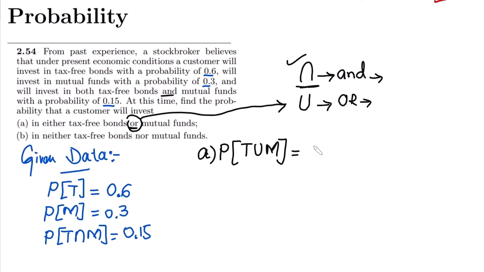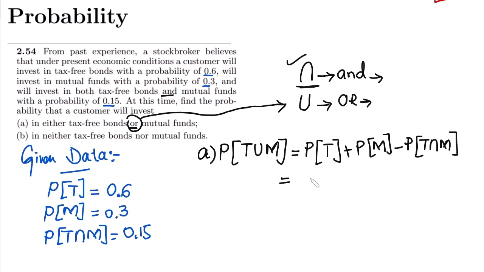We have a formula: the probability of T plus the probability of M, minus the probability of T intersection M. All of this data is available. So the probability of T is 0.6, the probability of M is 0.3, and the probability of T and M is 0.15, subtracted. From it I will get 0.75.